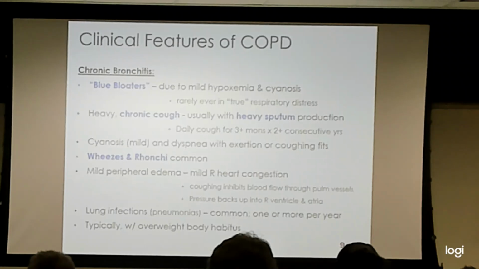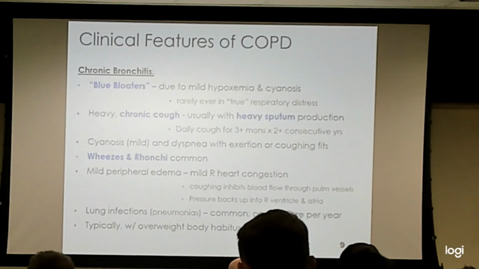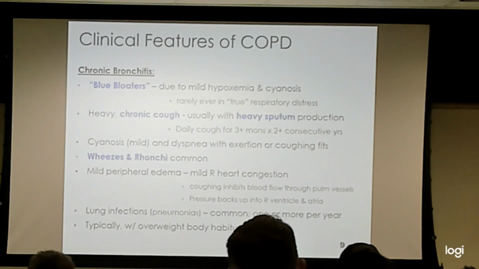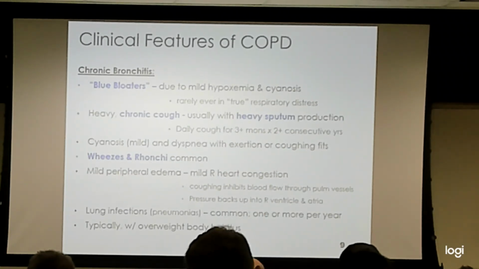All right, so this is how I learned COPD and emphysema, and I've seen these words and this concept used on some of the PANS questions, so you should know it. COPD is the blue bloater. He's the big person with a big barrel chest, he's coughing a lot, he's cyanotic.